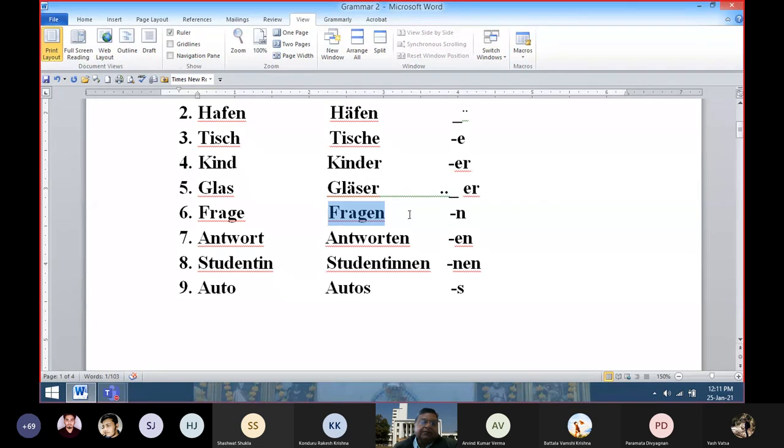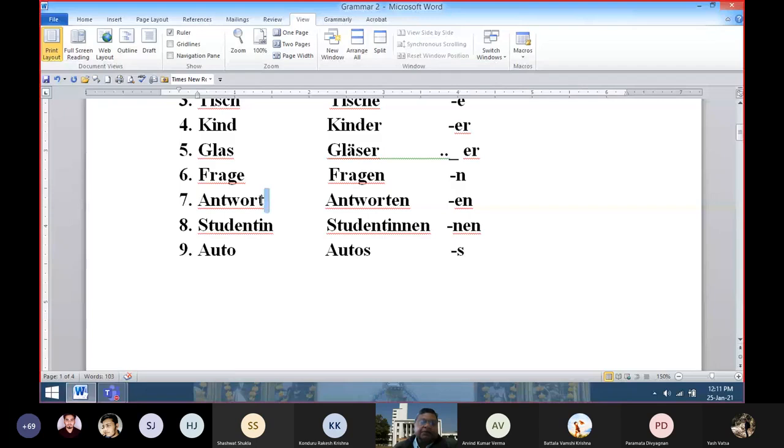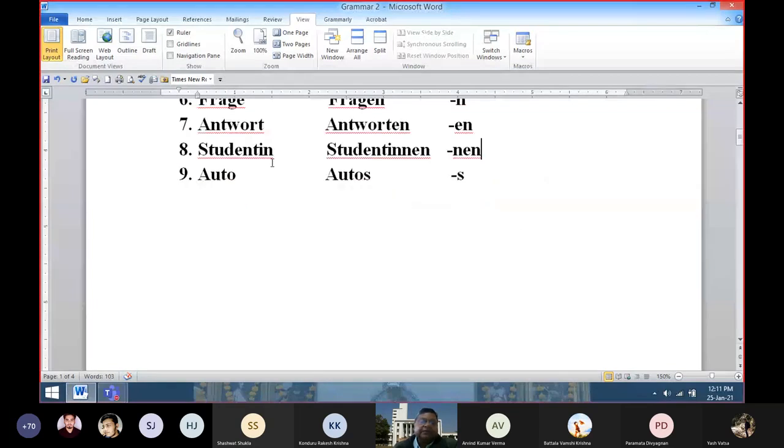Then Antwort, A-N-T-W-O-R-T. Antwort means answer. The plural form is Antworten, answers. That means here you have added en. Then we have some feminine words like Student, and to make it feminine, meaning a girl student, we have to add in. It becomes Studentin. As I mentioned, in German we always add in to make it feminine.